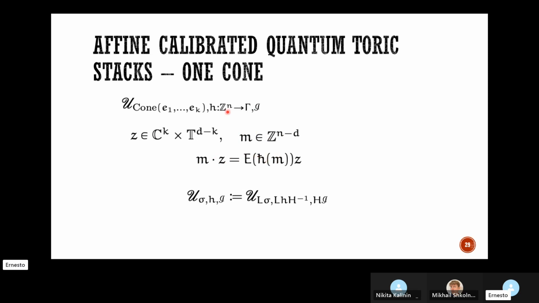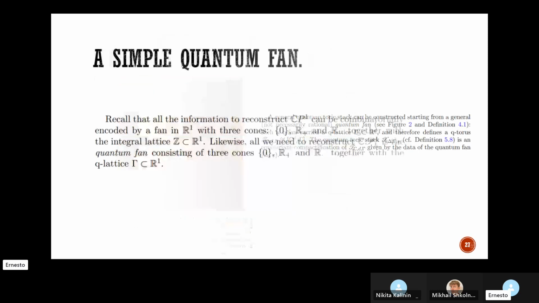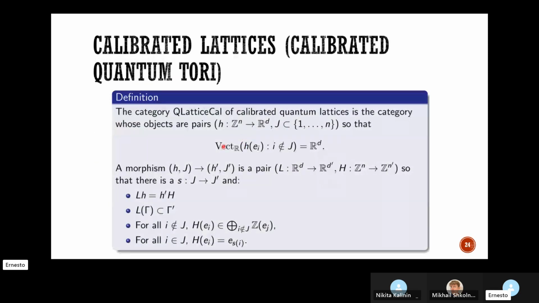Where H bar is the part of H that doesn't send the, I should have said this, and I didn't ever say it. Once I ask H to send, H is doing this, so I can imagine that H is sending the first to the basis.